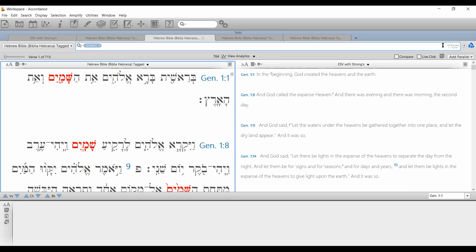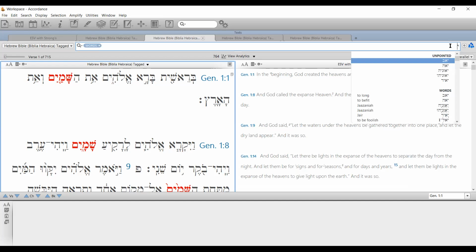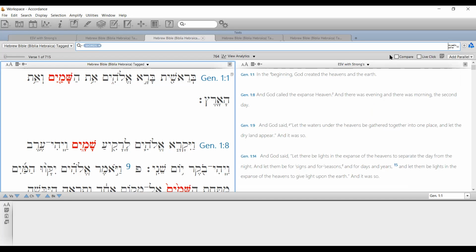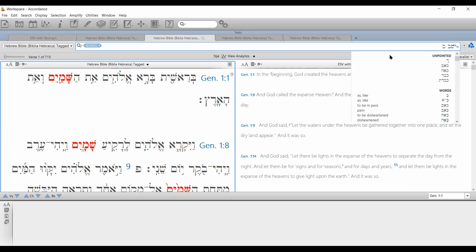But now let's try to look for some more complicated issues. For example, if I need to find a phrase, like 2 words together. In this case, let us try to find this phrase. Yashav, it means to sit, and Kisa is a throne, to sit on the throne, something like this.